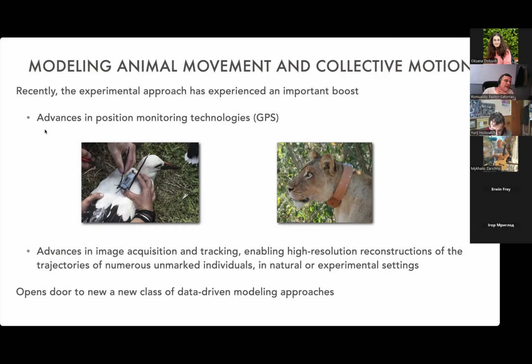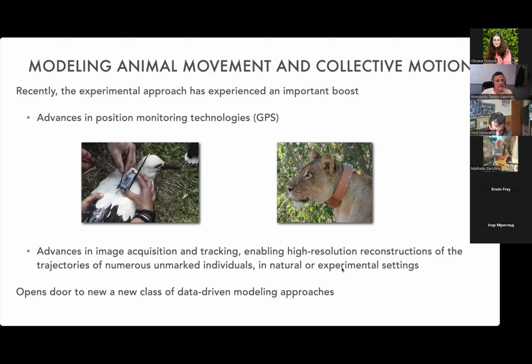So there have been parallel advances in image acquisition. We can record movies with very high resolution. There have also been advances in software that can track these movies and find the individual positions of the moving, marked animals, either in a natural or an experimental setting.